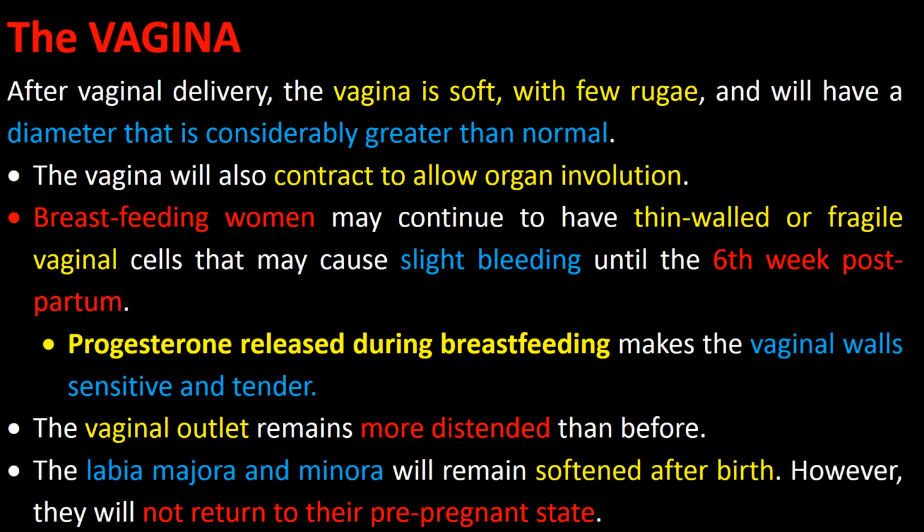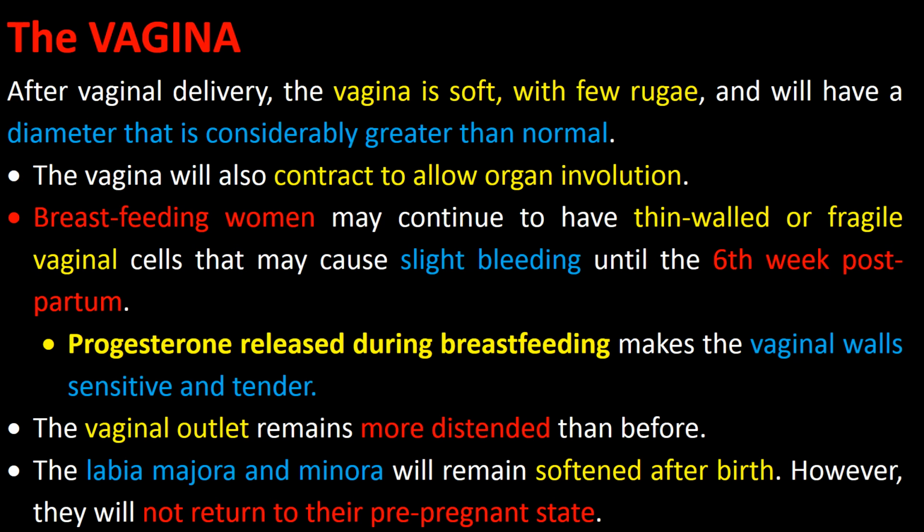Therefore, yung vagina is prone to bleeding on the first 6 weeks of postpartum. Also remember that during breastfeeding, along with oxytocin, progesterone is also released, which also makes the vaginal wall sensitive and tender.